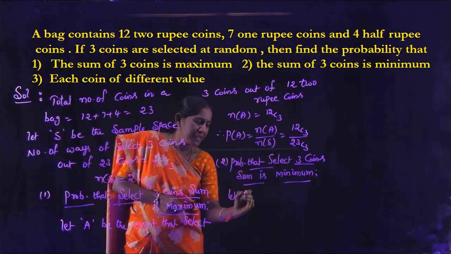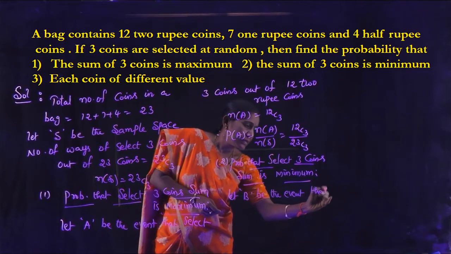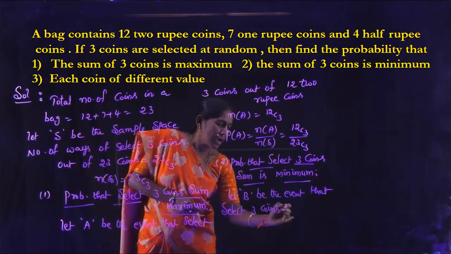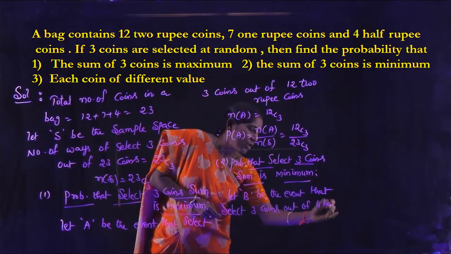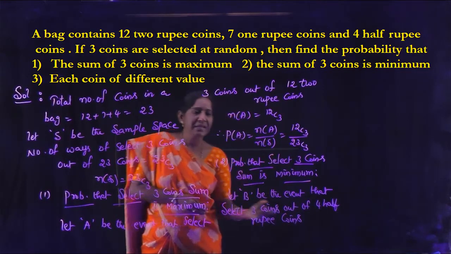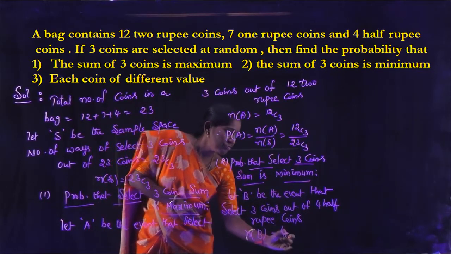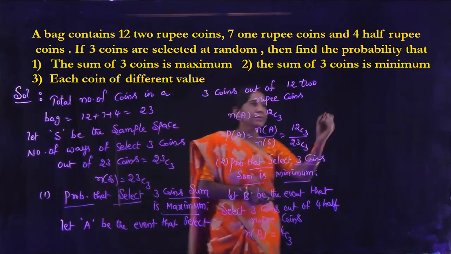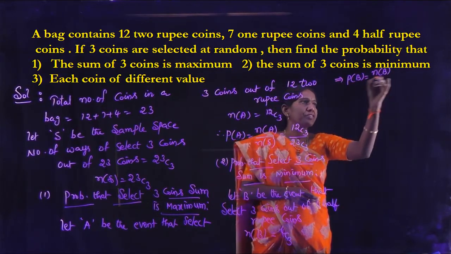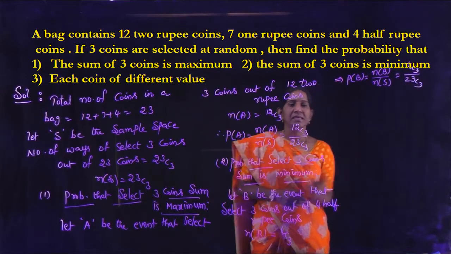Let B be the event that we select 3 coins out of 4 half rupee coins. This can be done in 4C3 ways. Therefore, n of B equals 4C3. That implies P of B equals n of B by n of S, so that value is 4C3 by 23C3.